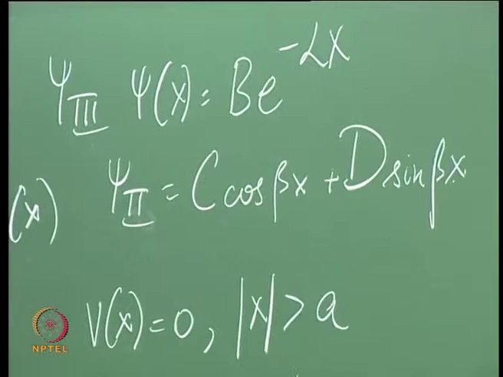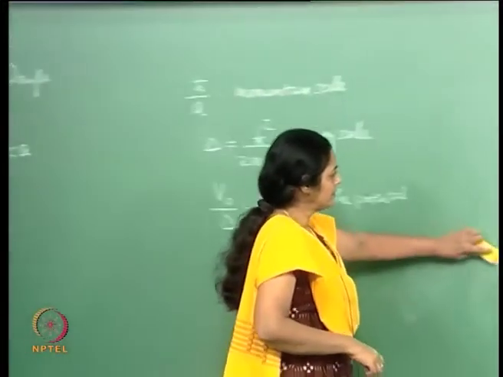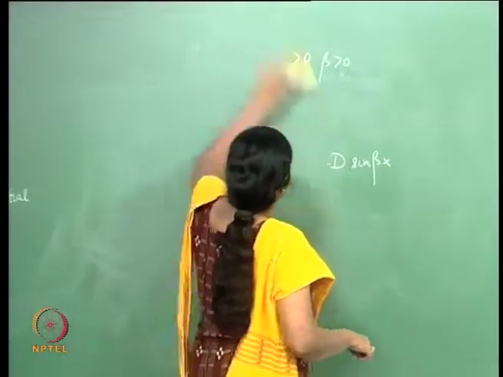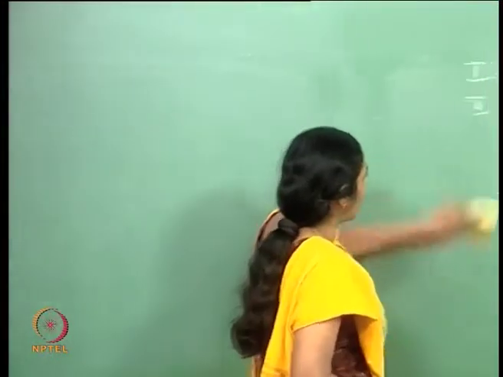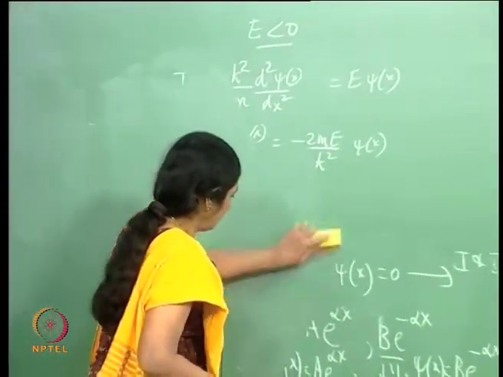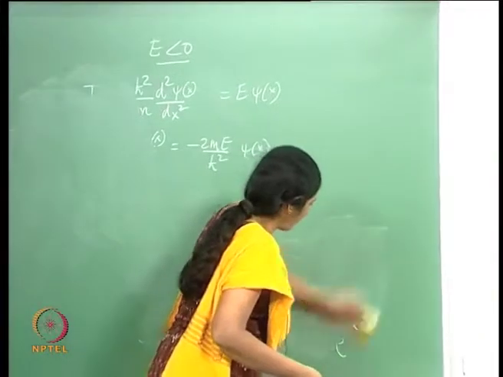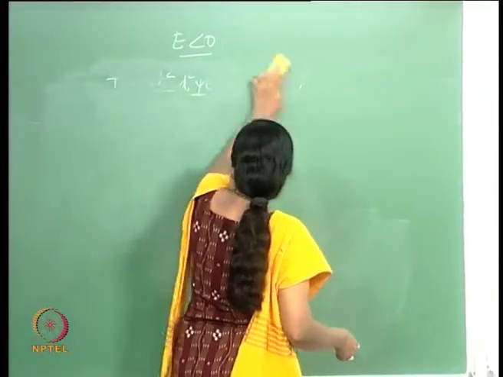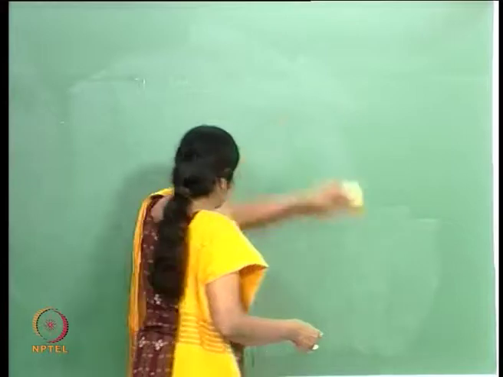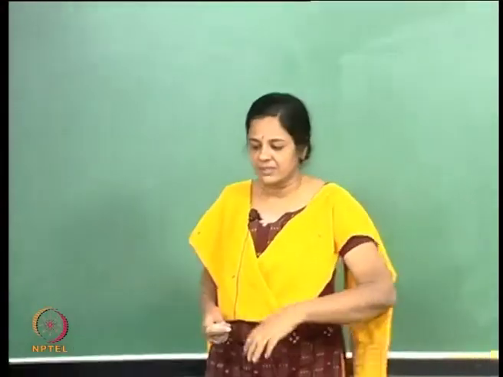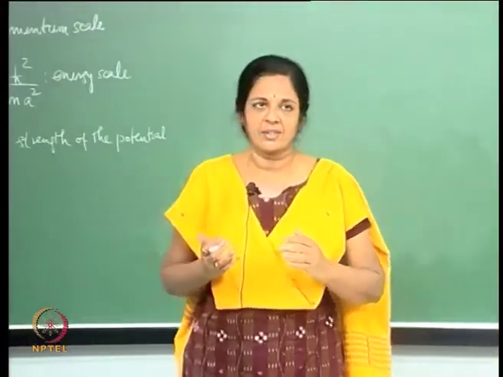So this is what I have by way of solutions. But then you see there are boundary conditions, and the boundary conditions are such that the wave function is continuous at the boundary, and so is the first derivative. Now, how did I get that?